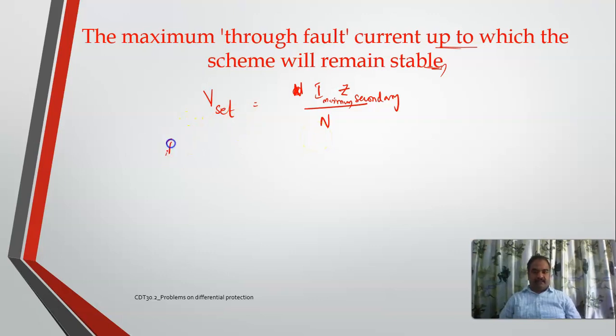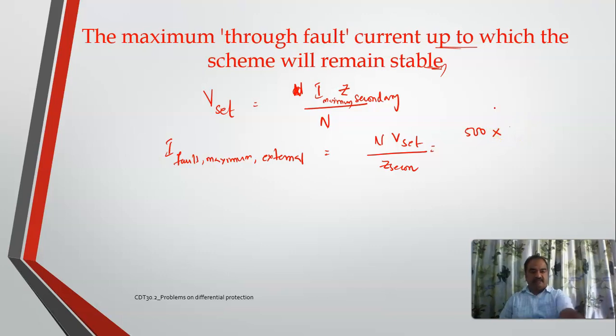Now I am just rewriting the maximum external fault current which you are supposed to determine. It is equal to N into V set by Z secondary. N is already, we have calculated it. It was 500. V setting was already given for us, right?